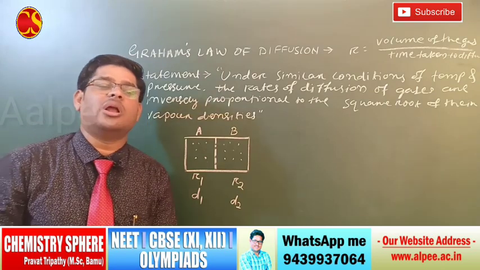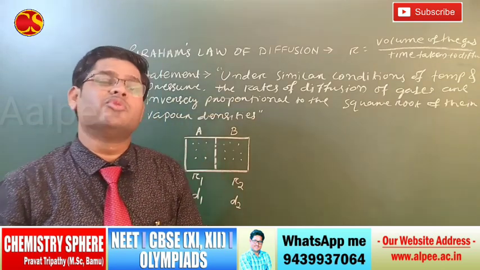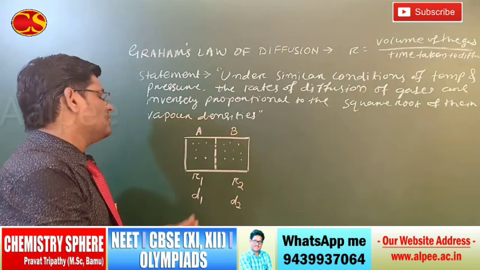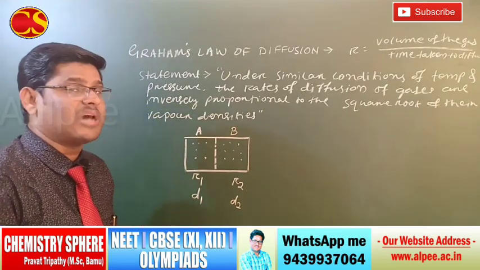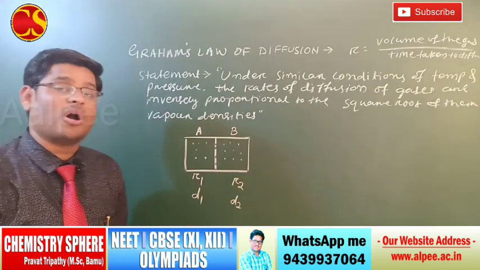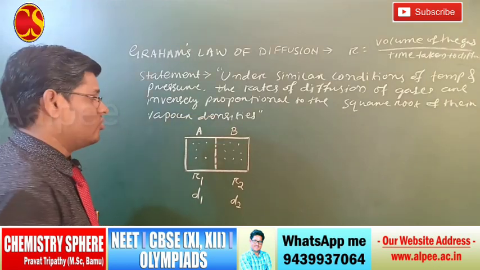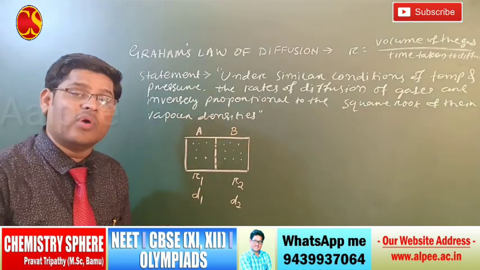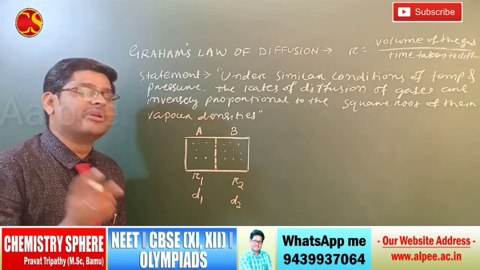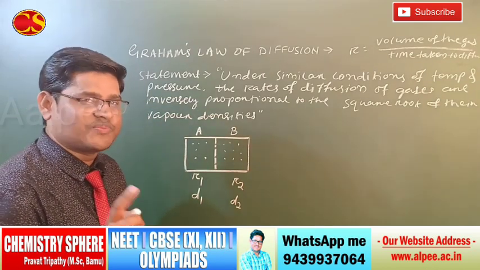That means R is the rate of diffusion. Here the rate of diffusion of gas A is R1 and of gas B is R2, and D1 and D2 are the densities of gas A and gas B respectively.